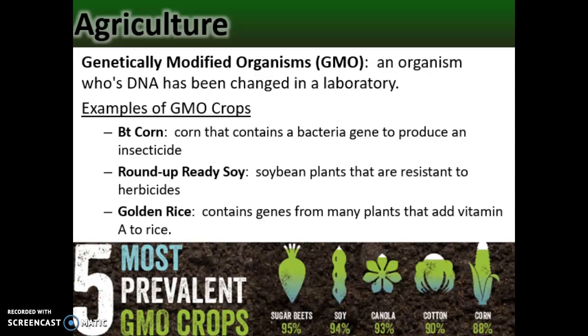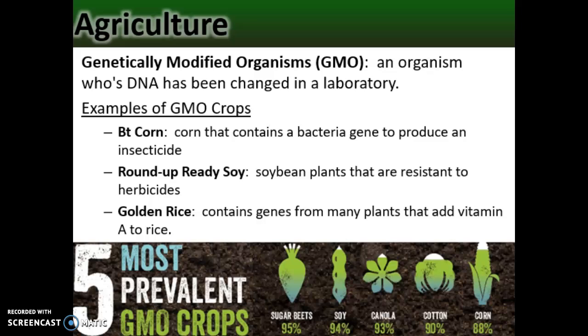It's just meant to kill the weeds. But here you can spray the entire field with it. All the weeds will die, but the soybeans have this gene that makes them resistant to this chemical, so they're able to grow despite being sprayed with the herbicide Roundup. It just makes the farming process a bit easier.